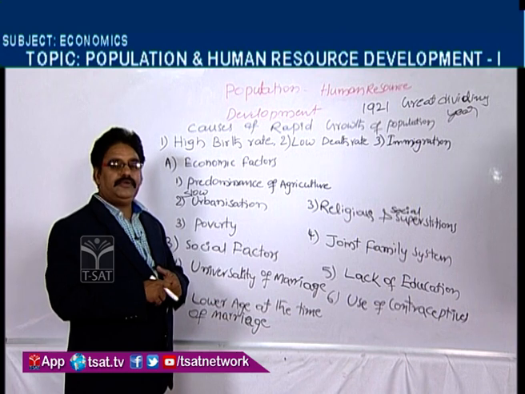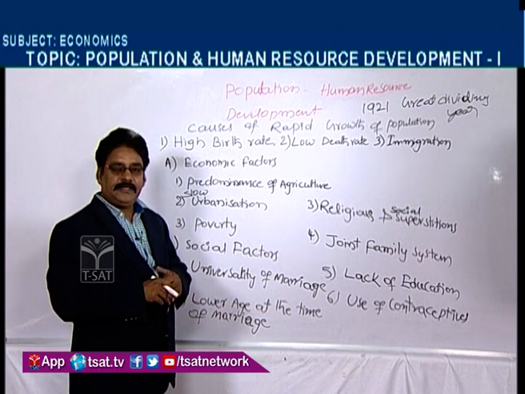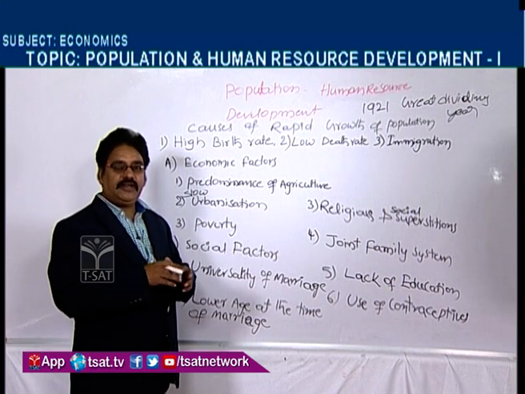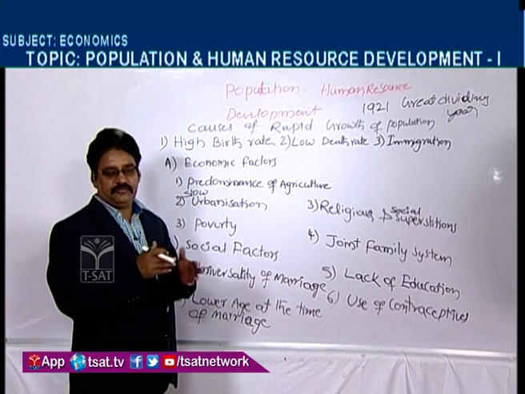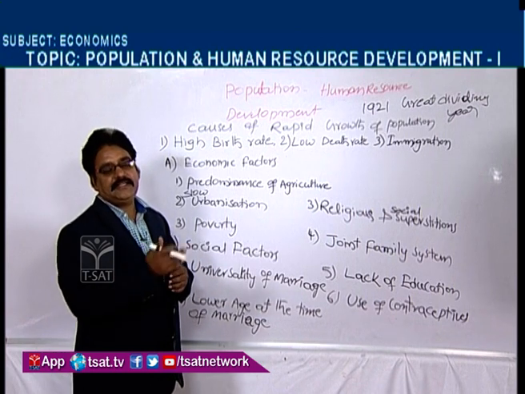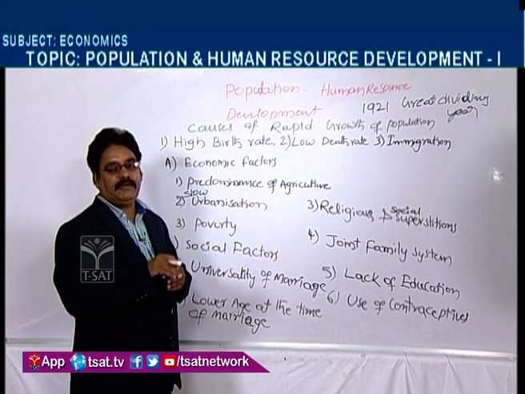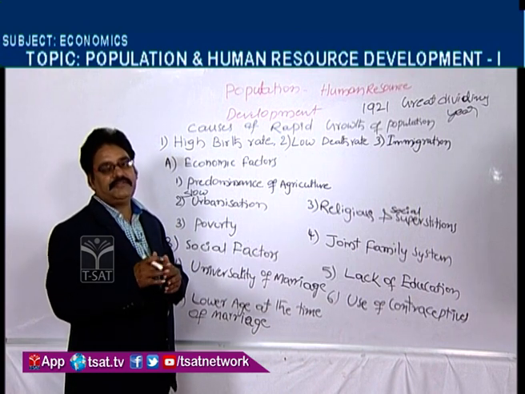That's why the people used to have more number of children. In peak time of agriculture, more persons were required to work. If a family has a large number of family members, then they can easily run their agriculture works. In that context, those families have more number of children.